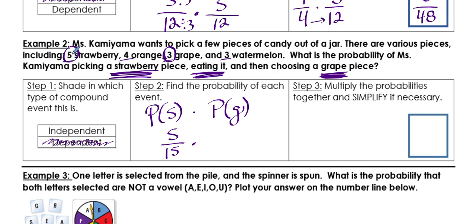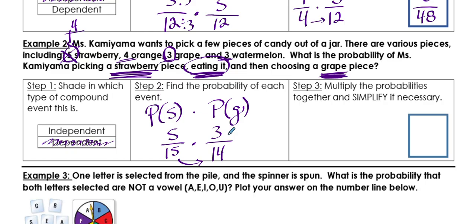We just ate one of these strawberries, so instead of having 5, now we're down to 4. So we have 4 plus 4 plus 3 plus 3. That is 14. So we're losing one of these pieces of candy because we just ate one. So it's going from 15 down to 14. We still have all 3 grape. That number is not going to change.